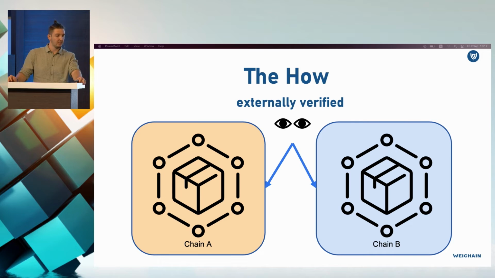Now the question is how this third-party observer or verifier can be trustless. The way they do it is by some kind of multi-signature wallets, MPC wallets or some kind of oracle, because the whole problem can be seen as a subset of the oracle problem. But essentially, it all comes down to some kind of multi-signature.